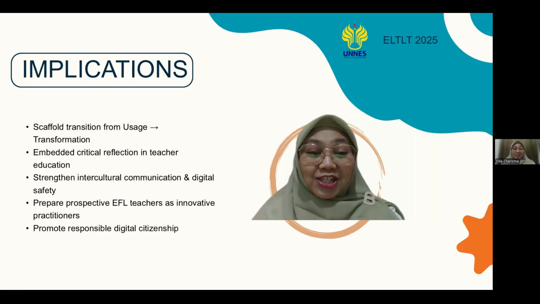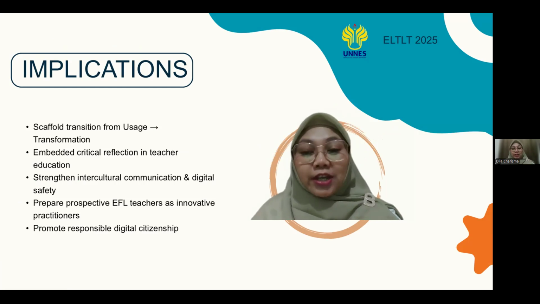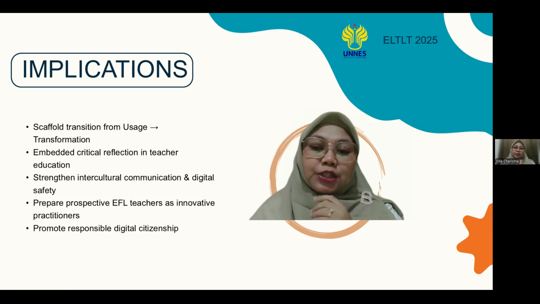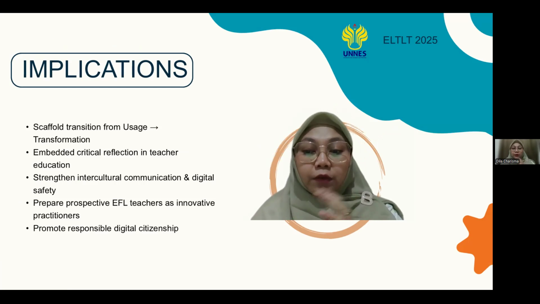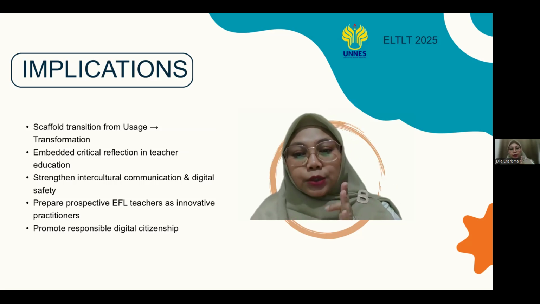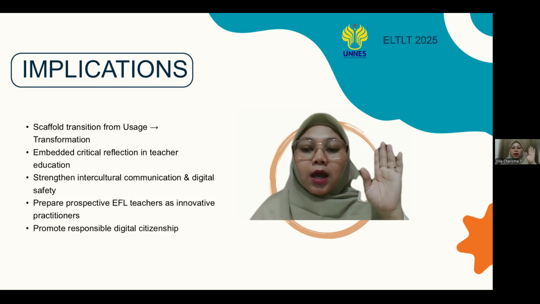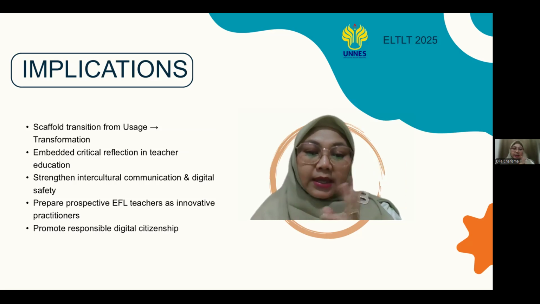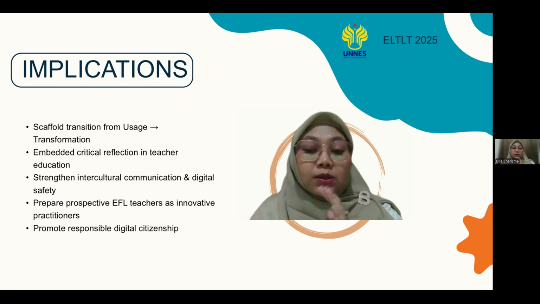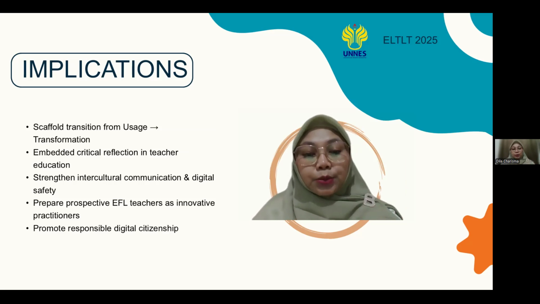Talking about the implications, these findings carry important implications for teacher education. First, teacher preparation programs need to scaffold the transition from usage to transformation, enabling pre-service teachers to move beyond functional application. Second, critical reflection should be embedded in coursework to encourage thoughtful integration of digital tools.